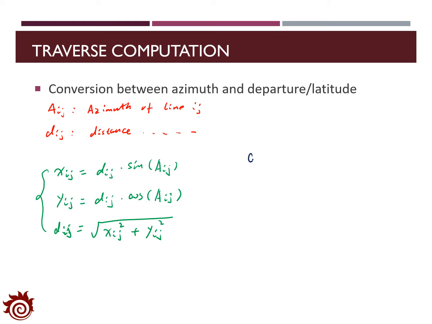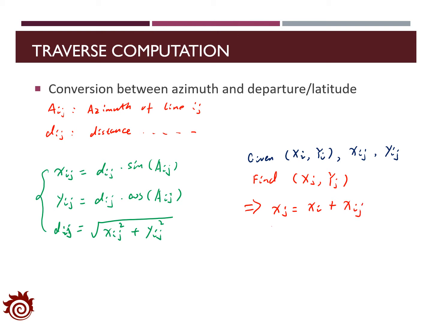For example, if we are given the coordinates of the point I and the departure xij, latitude yij, we can then find out the coordinates of the point J, which can be found from the two equations below. xj equal to xi plus xij, yj equal to yi plus yij.